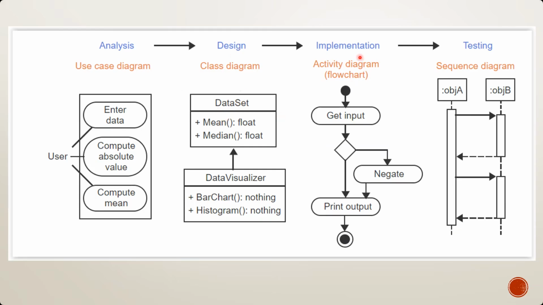During implementation, this is the programmer. This is where the coding actually takes place. And the coder is going to make these activity diagrams to get an idea of how they're going to write out the programs. And then lastly, in the testing phase, they will create and use a sequence diagram to do the formal testing.